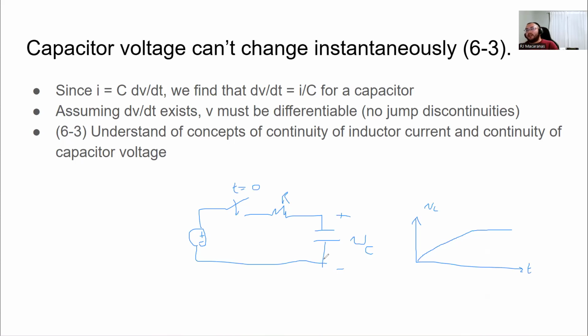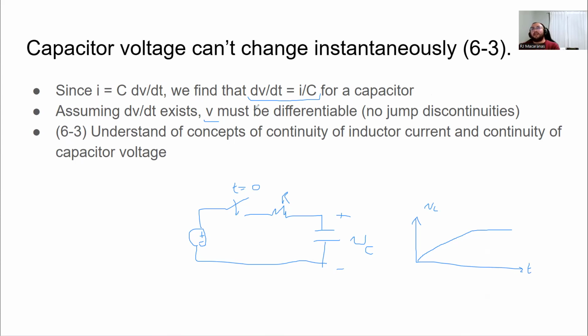And this actually comes directly from those expressions that we had just found. So we found that the current through a capacitor is given by C dV by dt. And if we solve this for dV by dt, we find that that's equal to I divided by C. And this kind of implies that the voltage must be differentiable in the first place, right?